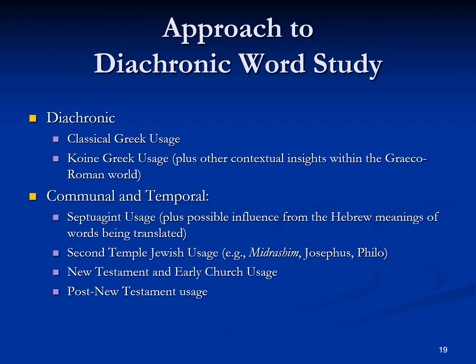There's also the issue of a Second Temple Jewish usage. And then there's the New Testament and early church usage of terms, and then the post-New Testament usage as a possible separate usage. So we need to be concerned about that.